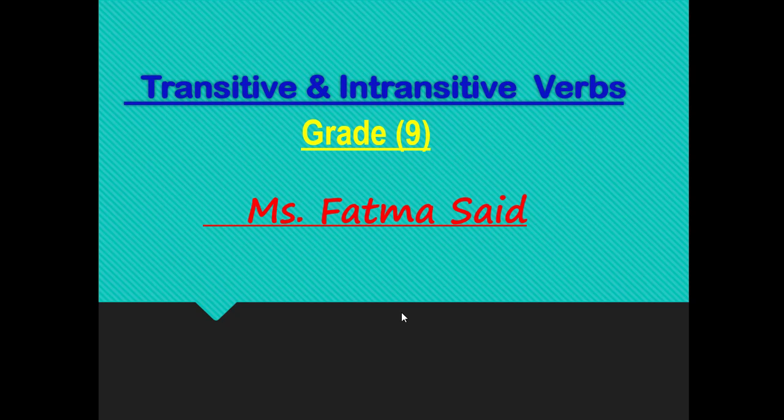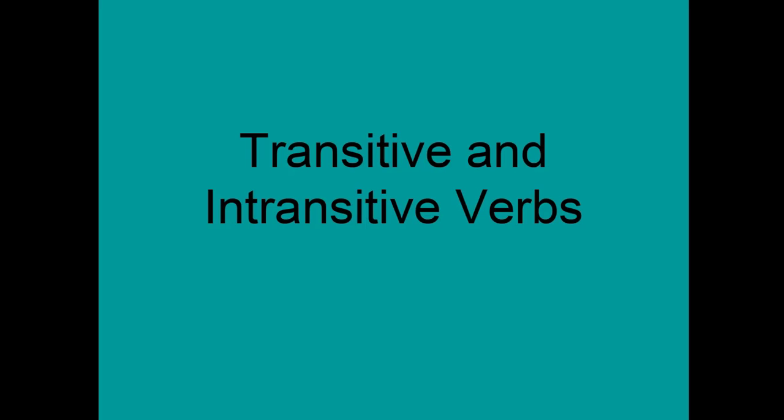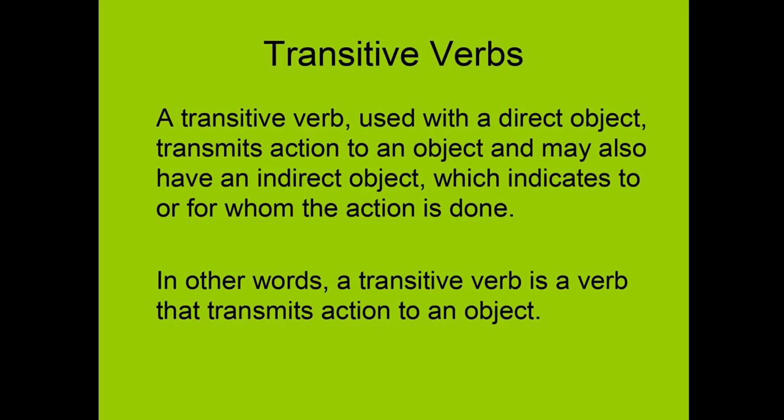Today, إن شاء الله, we're gonna study the transitive and intransitive verbs. What is the meaning of transitive and intransitive verbs? Let's see. A transitive verb is a verb used with a direct object. Also, it may have an indirect object, which indicates to or for whom the action is done.